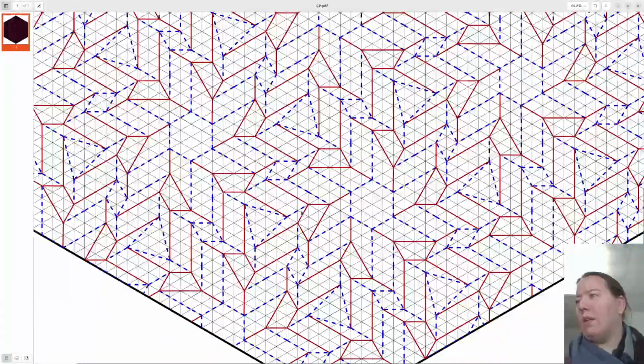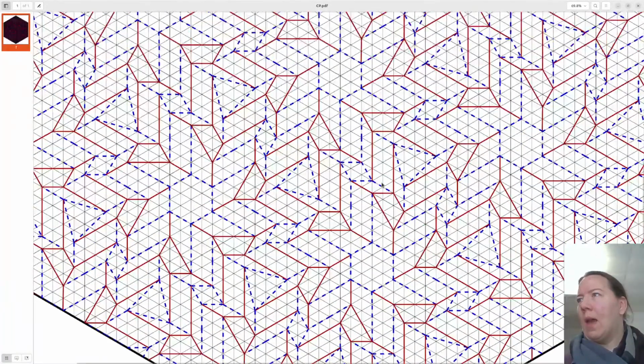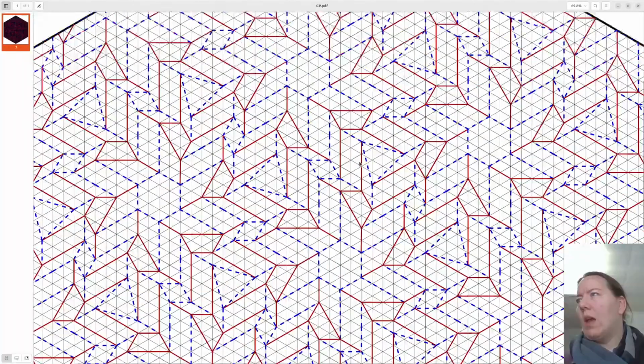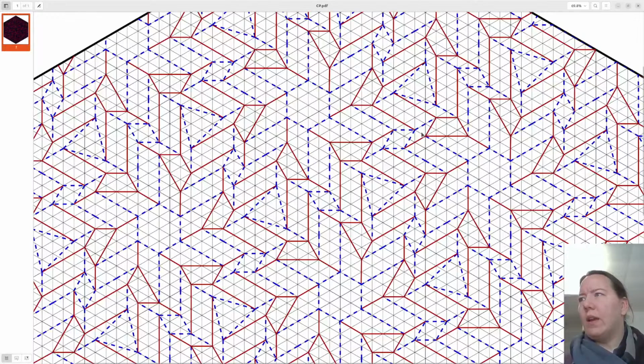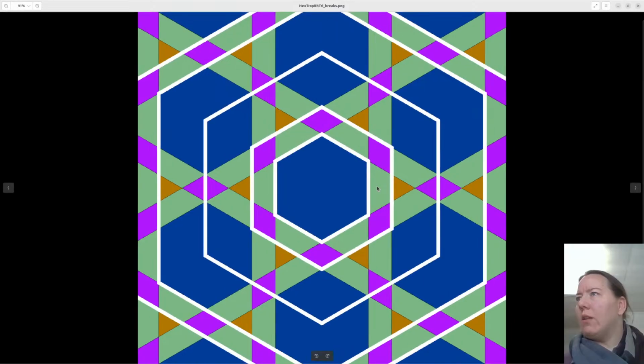So let's pretend that actually this one is my center. And then this is the first layer around. And then this is the second layer around. And then I want to make sure to get past these rhombus twists and that trapezoid, because those are included.